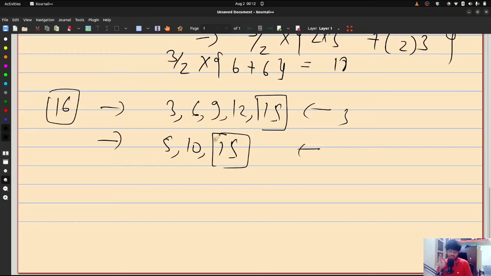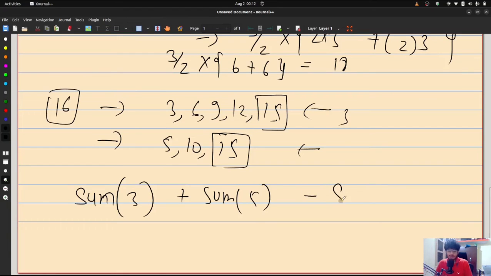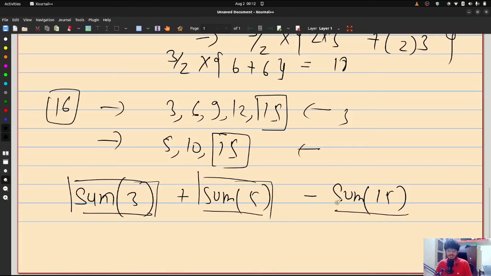So to avoid this, we are going to take the sum of 3, the sum of 5, and we are going to simply subtract the sum of 15. We are going to use the AP sum formula with the 3 input, with the 5 input, and we are going to subtract the one with the 15 input, and this is going to give us our answer.